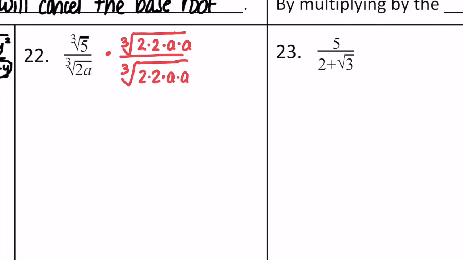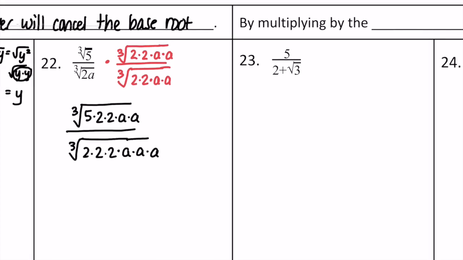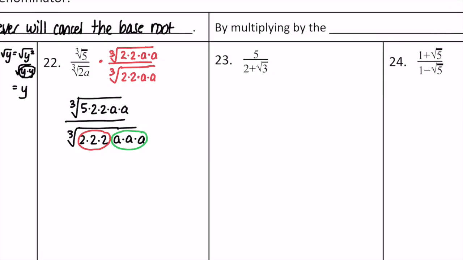in the numerator, the cubed root of 5 times 2 times 2 times a. And in the denominator, I'm going to have the cubed root of 2, 2, 2, and a, a. Aha. That is 3 2's and 3 a's. And when I rewrite the bottom, let's rewrite the top first.